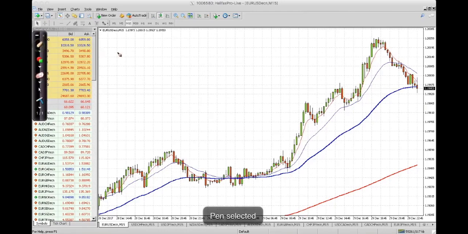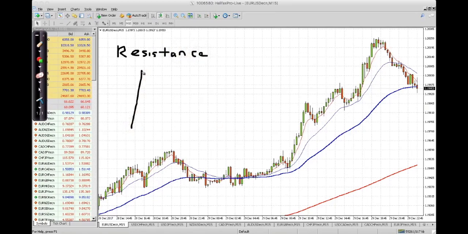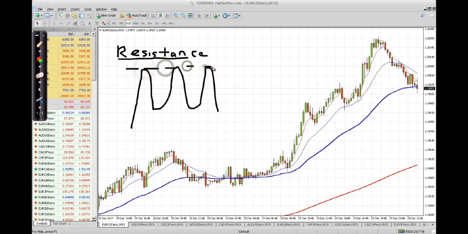So for example, a resistance level is a price level where the price tends to move up, and when it reaches a level, it tends to stop and reverse back down. Again, it goes up, reaches a certain level, goes back down, goes up, reaches a certain level, goes back down. That is known as a resistance level, or like a ceiling. So this is the resistance level.